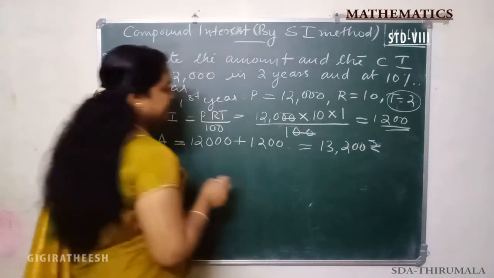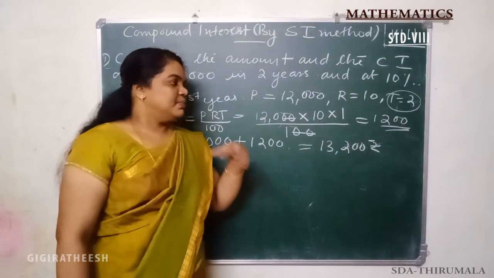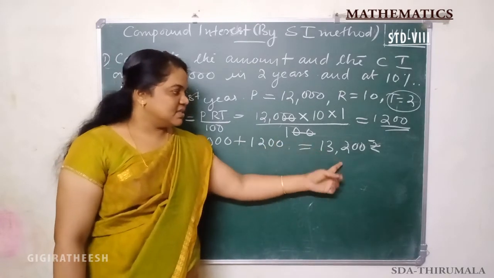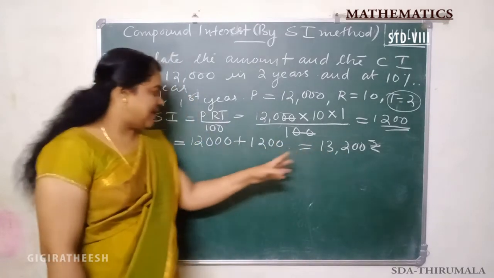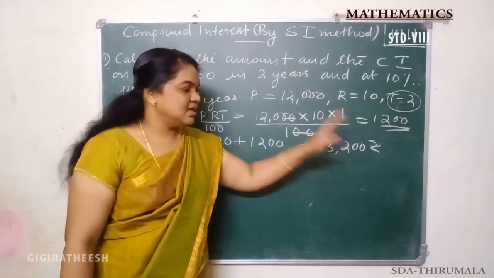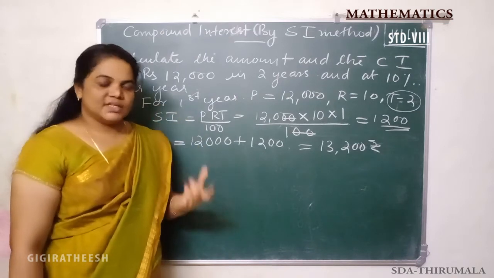And this 13,200 rupees is the principal for the next year. Adding the interest to the principal, we get 13,200, which is the principal for the next year.